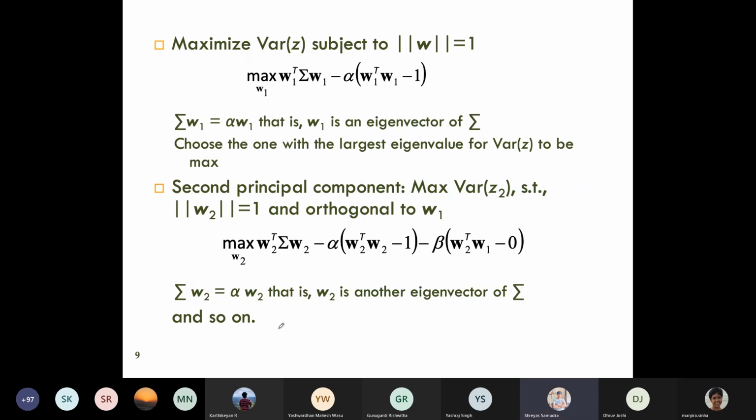Ma'am, so W is just a mapping relation? W is not the relation. W is the mapping target, the target mapping space. Say, for example, if I want to project from 10 dimensions to 2 dimensions, my W is W1 and W2, these two dimensions.